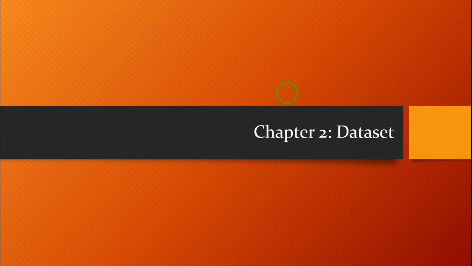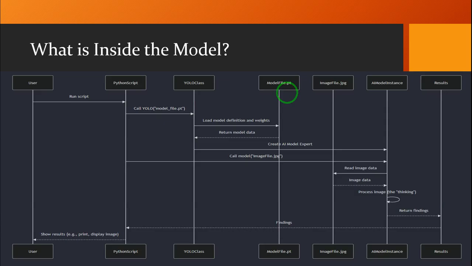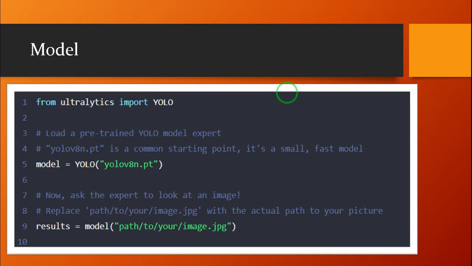We saw how to load a pre-trained model using the model name .pt, and how to use it to make a prediction on an image by simply calling the model object and getting results. While the YOLO class handles the complexity under the hood, understanding that you are loading a specialized expert model for a specific task like detection is key.